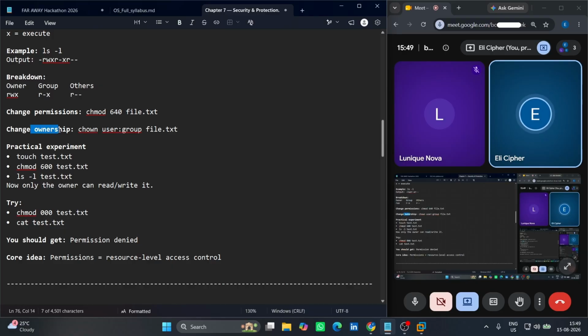And then if you want to change the ownership, you can use chown, that is, change ownership, user, and the group to which the particular user belongs, and the file, right?